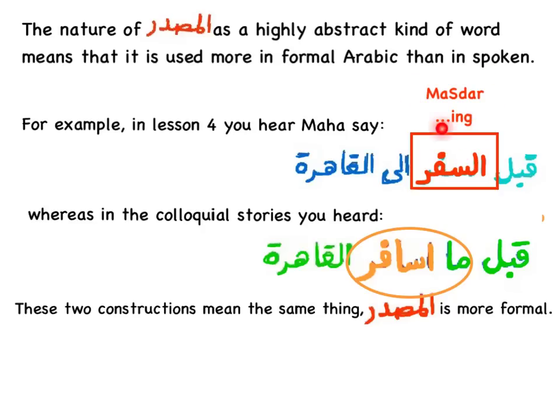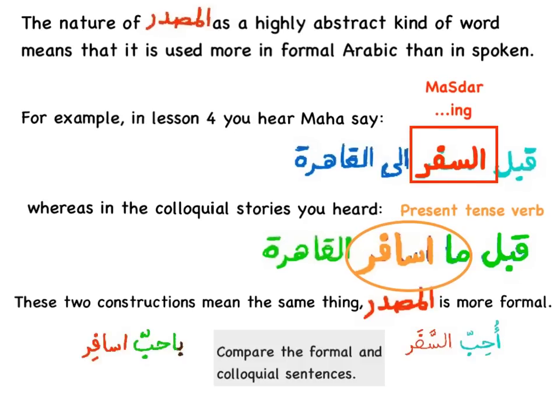That's a masdar, al-safar. Notice the equivalent of al-masdar is ing in English in Fusha, whereas in colloquial we use the present tense, قبل ما أسافر, before I travel or before I go to Cairo. These two constructions mean the same thing, but masdar is more formal, used in writing and in news, fusha.